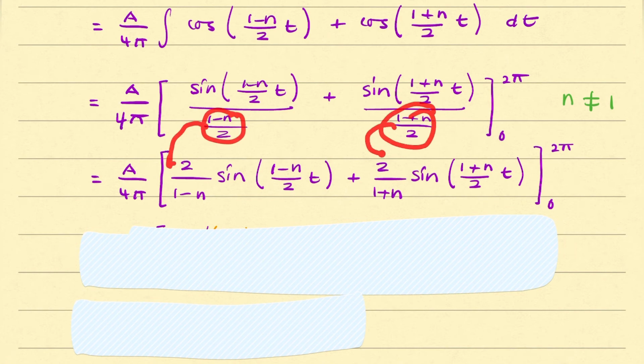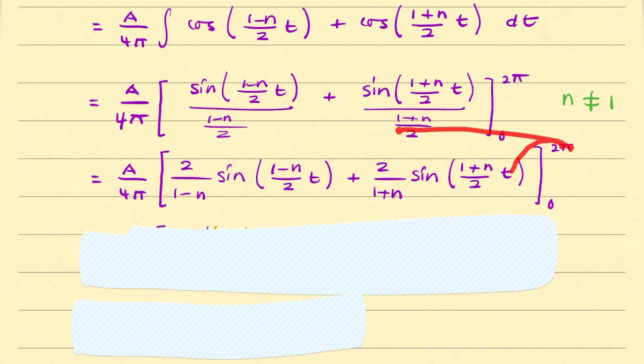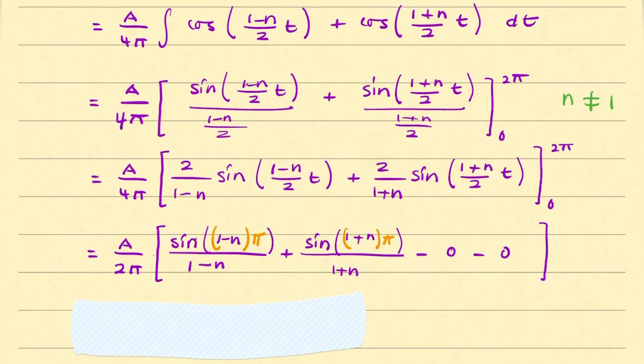Now we just substitute the limits. And again, sine 2 pi and sine 0 are both 0. So you end up with a lot of zeros because any multiple of pi for a sine, you're going to get 0.